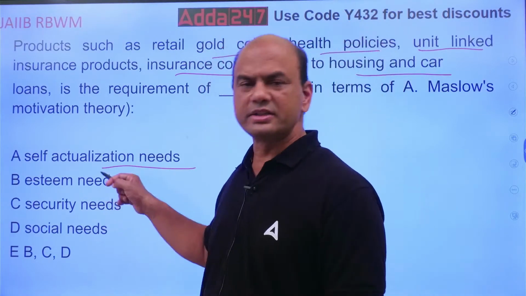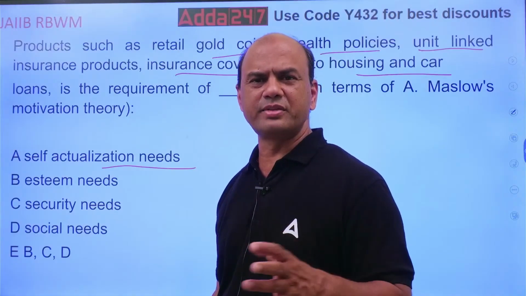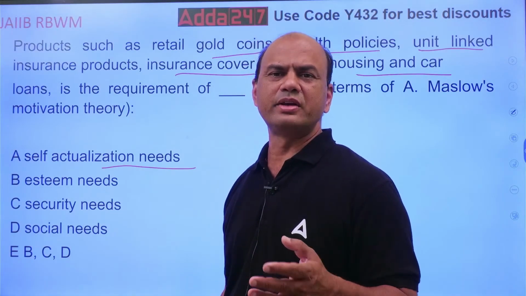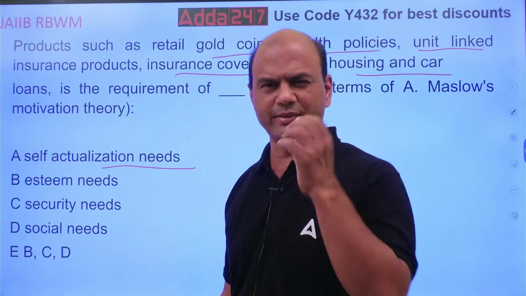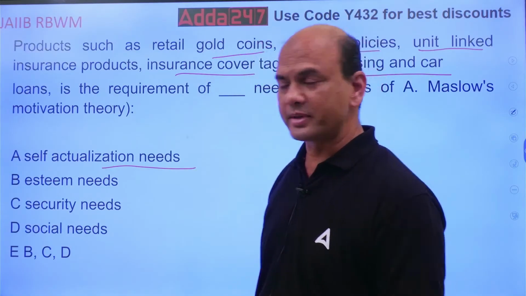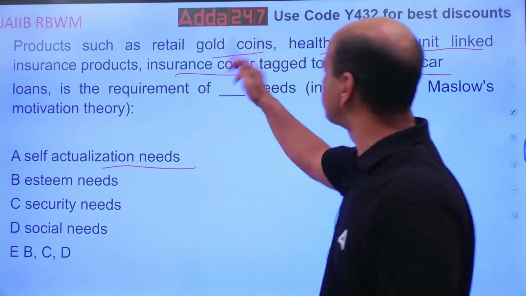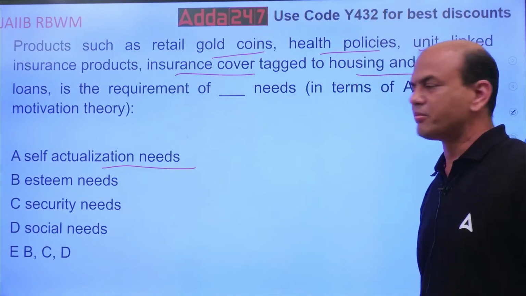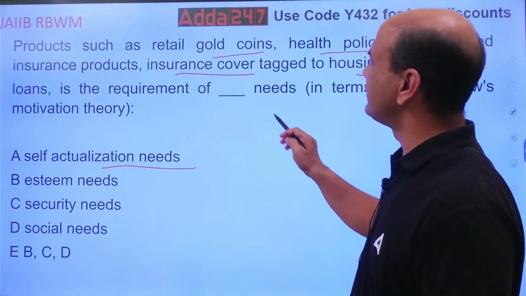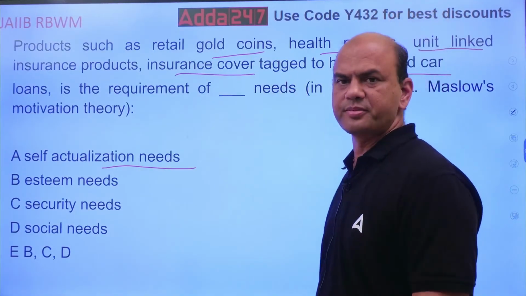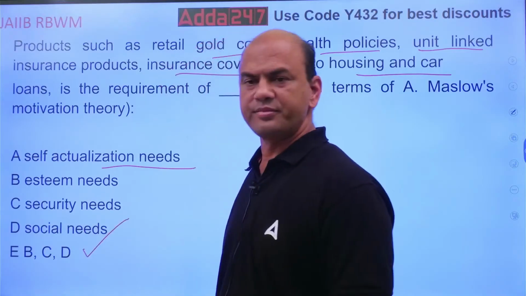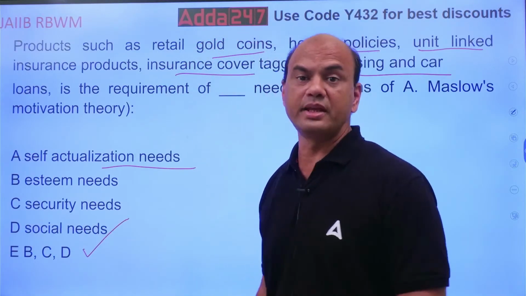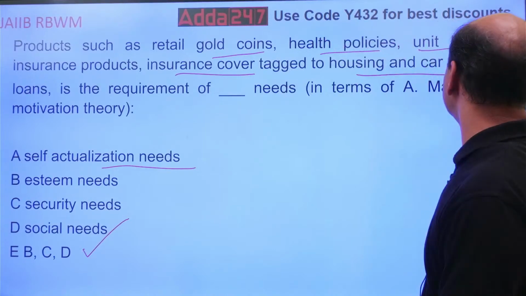All these remaining ones are in the category of roughly age 20 to 40-45. These persons will invest in all these products, but this old person rarely will invest in insurance. So the answer becomes B, C and D.